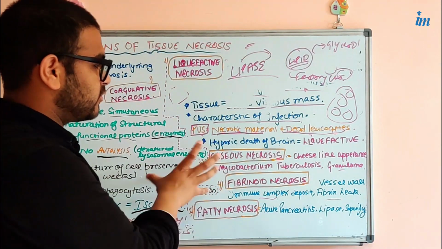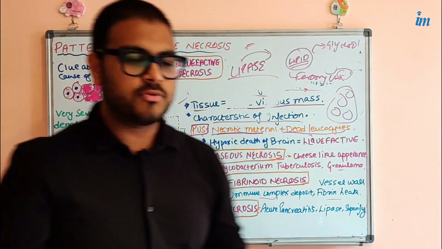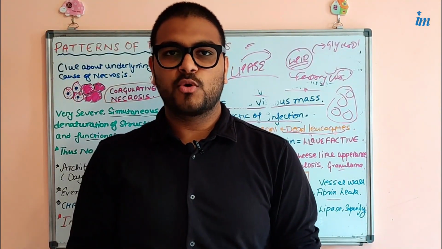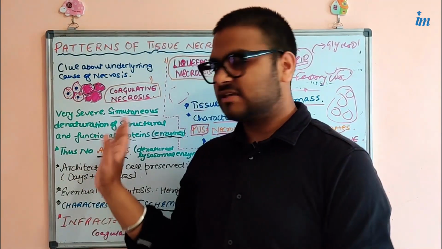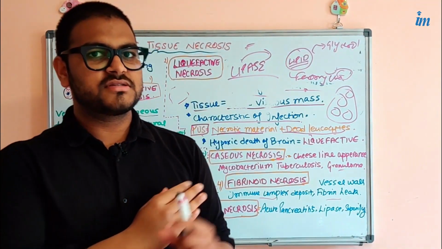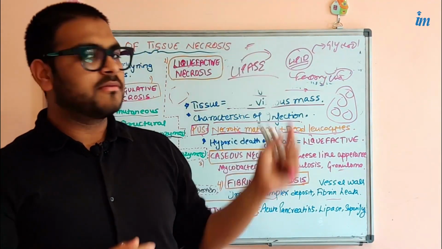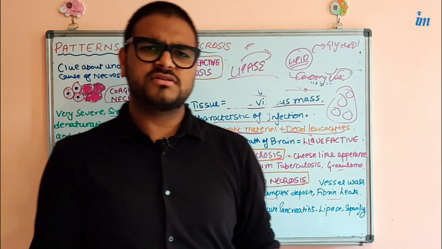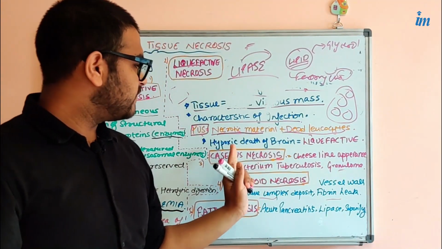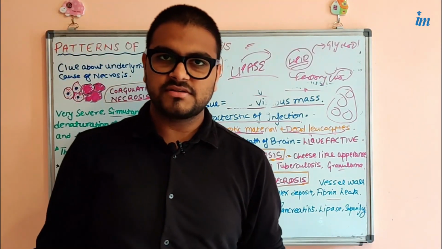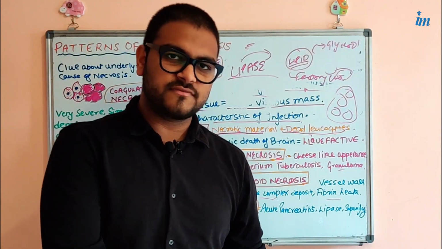So these patterns of necrosis you should know. Let us revise the patterns of necrosis. First, coagulative: architecture preserved, seen in ischemic cases. Liquefactive necrosis: the architecture is destroyed, cell digestion takes place by autolysis and heterolysis, typically seen in cases of infection. Then we have caseous necrosis, typically seen in Mycobacterium tuberculosis infection.